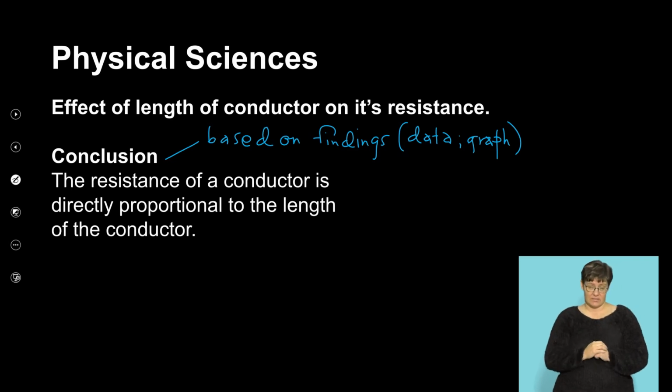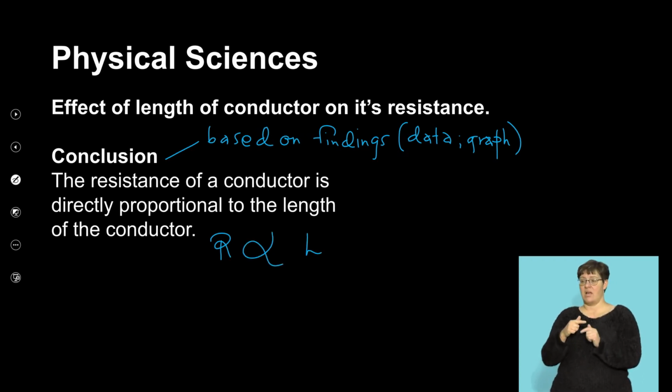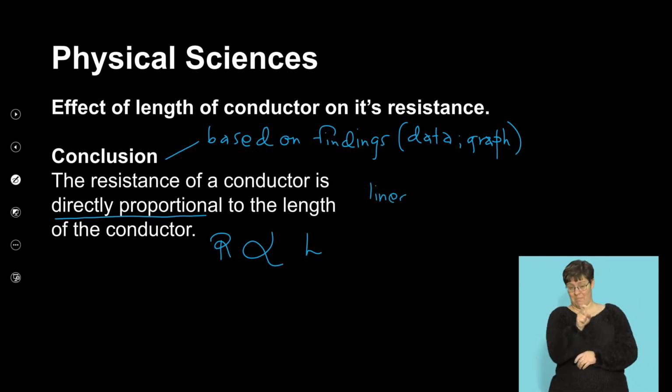Meaning, in short, mathematically, we are saying R is directly proportional to length. That's what it simply means. But for two quantities to be directly proportional, remember, the linear graph must pass through the origin.